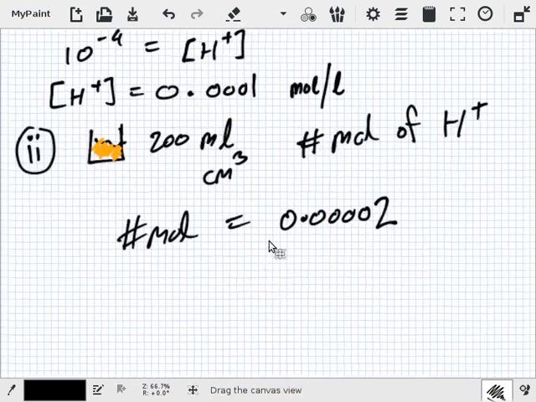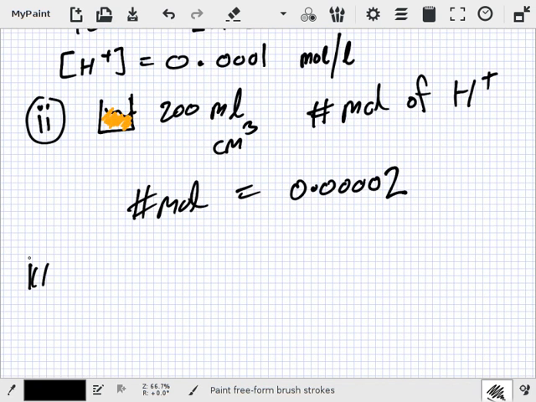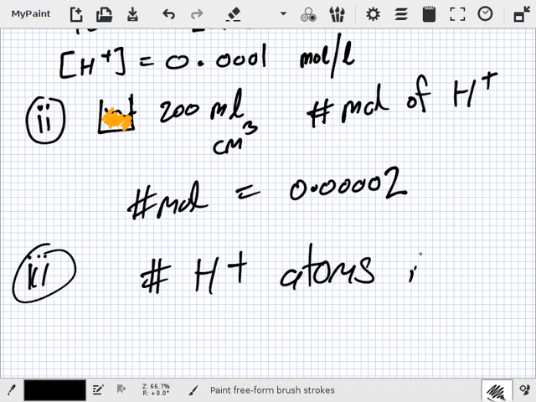Okay, number 3 now. And then we'll do another question after this. I want to know the number of H plus atoms in my orange juice now. So how many H plus atoms do I have in my orange juice?